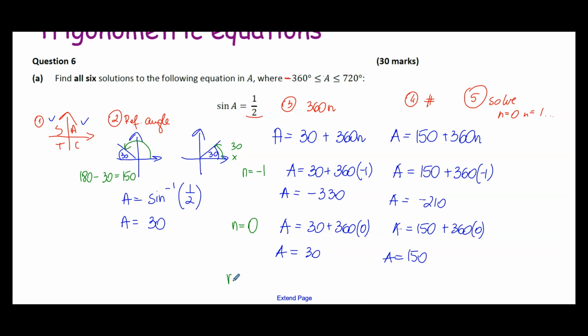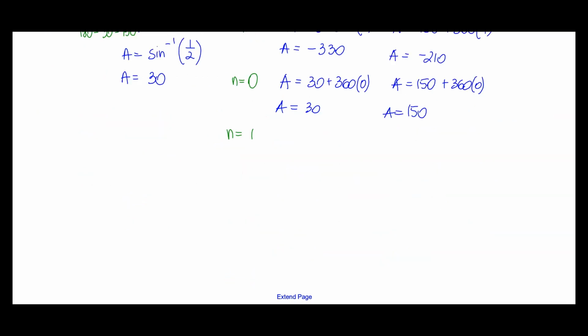Then we go again, n equal 1. We replace n with 1, and it will be 30 plus 360 multiplied by 1, and in our calculator we get 390. The same idea, 150 plus 360 multiplied by 1, and in the calculator we get 510.